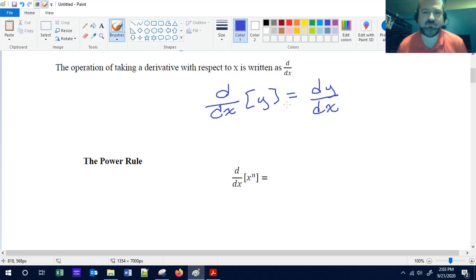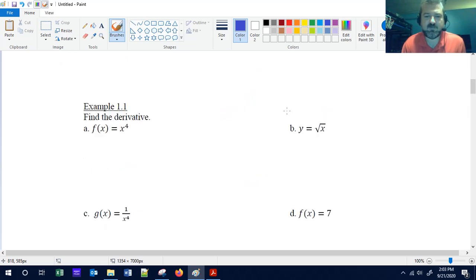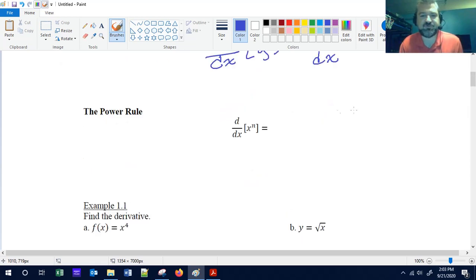This is not fraction multiplication, but it works out that way in notation because they want it to look like regular algebra. And so a lot of times the rules are written in a way that make algebraic sense. And so even though they are kind of different, because we're talking about infinitesimals, they end up looking the same, which is really convenient.